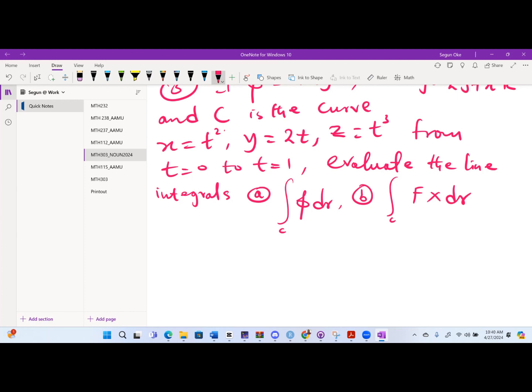So remember, what is our F according to our physics?